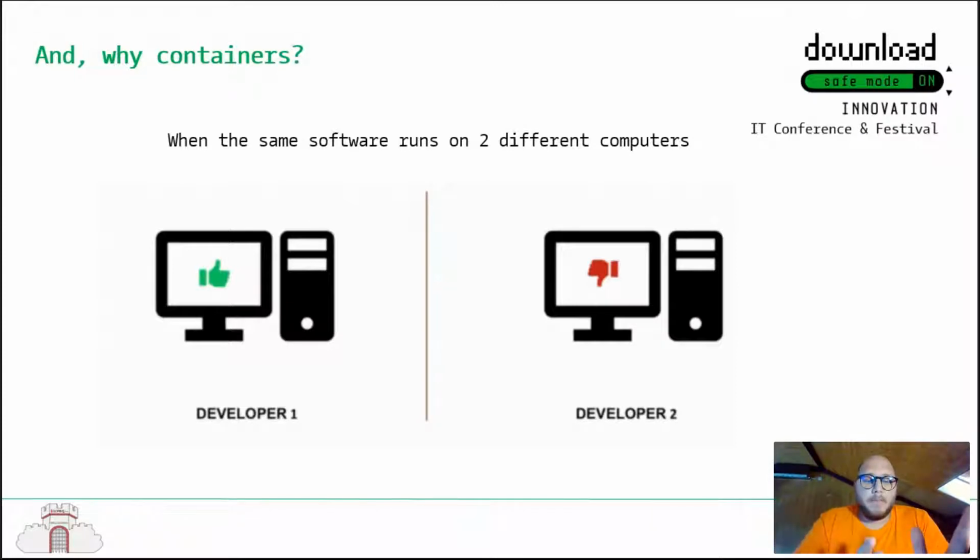But all of a sudden, the code stops working or it's not working fine. Why is that? Because in the environment of developer one, maybe there are libraries, dependencies, upgrades made to anything that was used to make that code that are not in developer 2's environment.